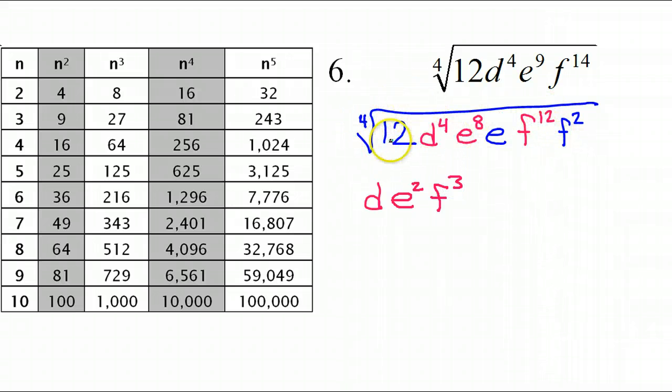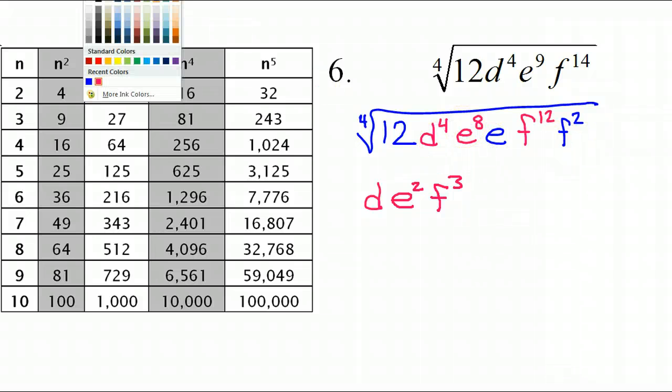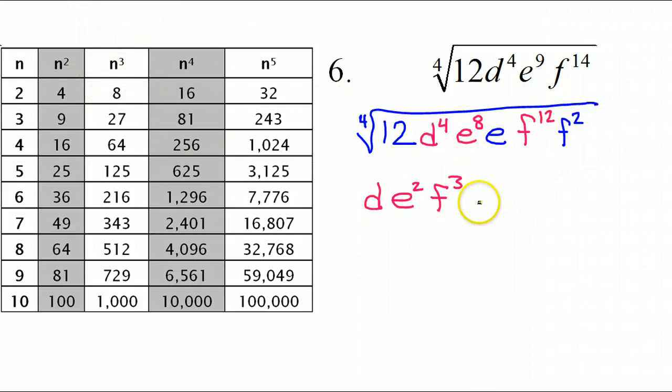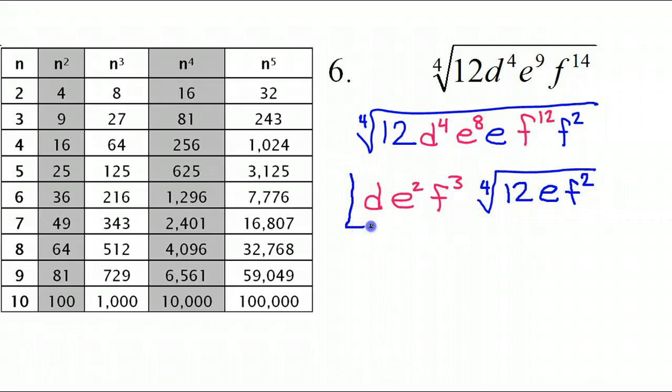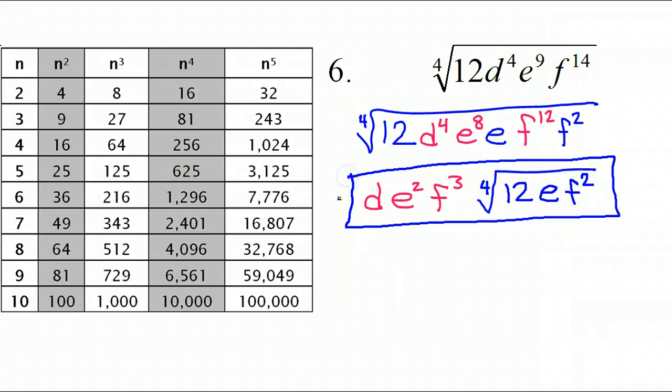That's it for the pink stuff. Everything shown here in blue is going to stay under the radical. So I will have the 4th root of 12 e f squared. So this will be the final answer for number 6.